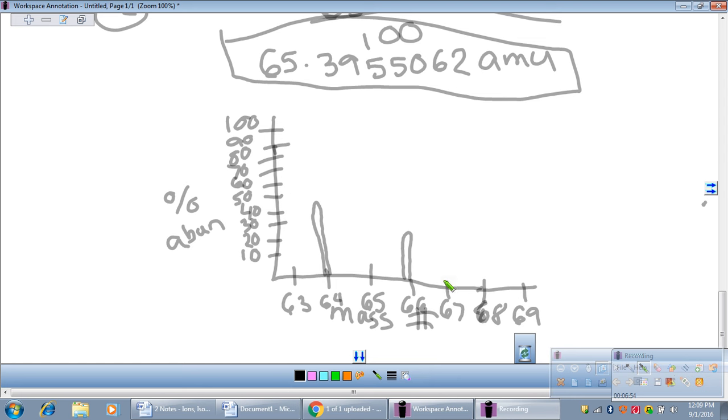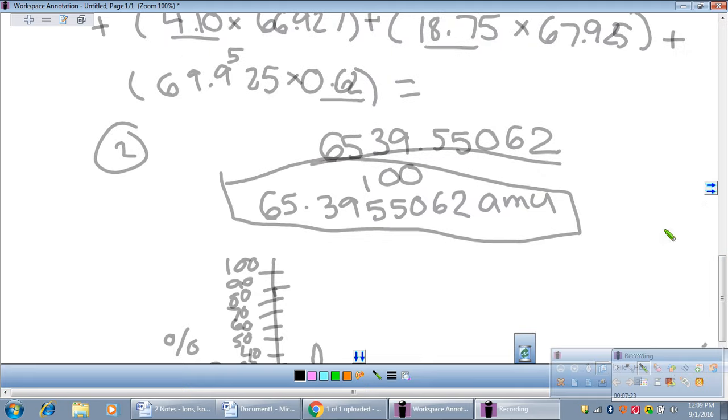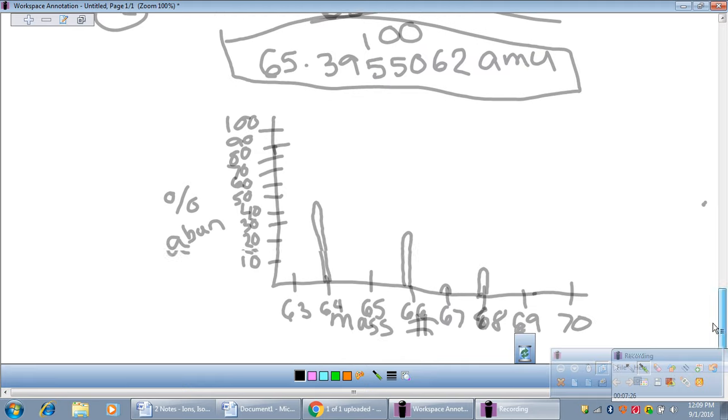Then for the next one, isotope 3, it's only about 4% abundance, and the mass is about 67. So it's a very small peak. And then for my isotope 68, it's about 20%. I'm going to draw the peak up there. And then for my last isotope, which is actually at 70, it is so small, look at the percent. 0.62, so it's a very, very small peak.